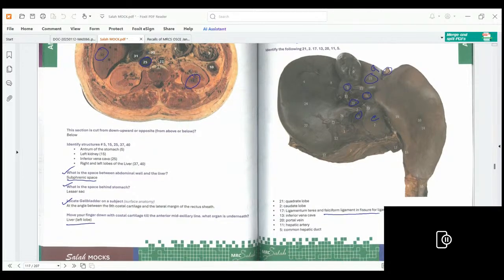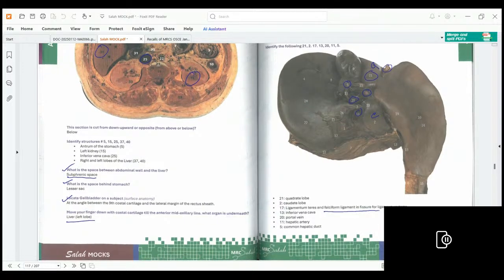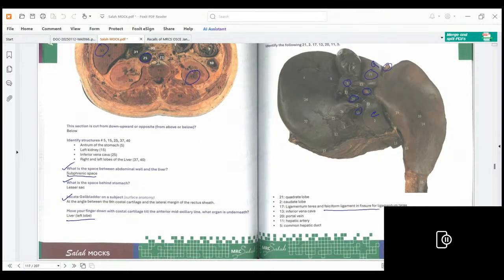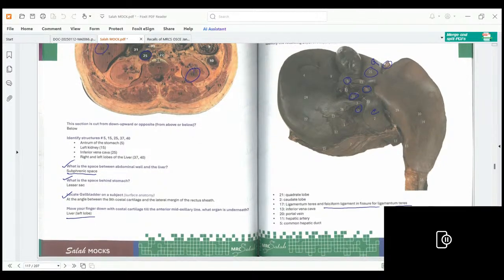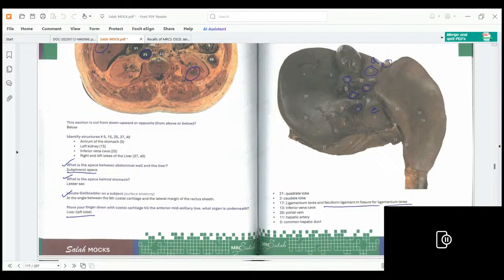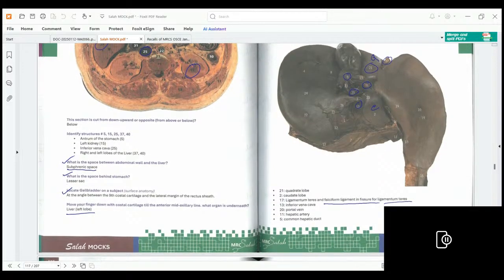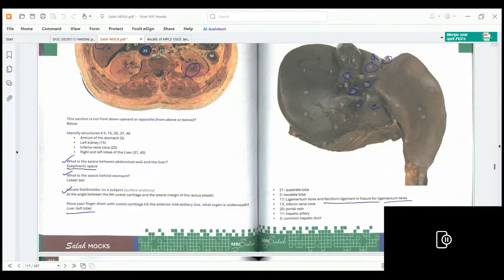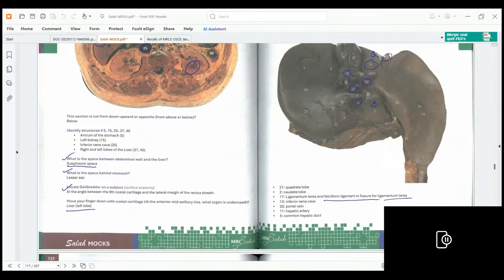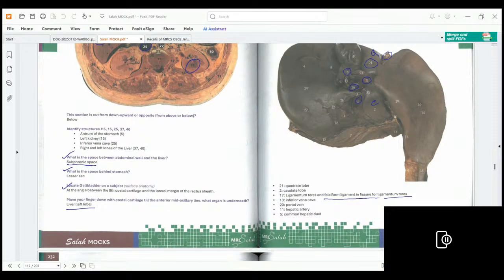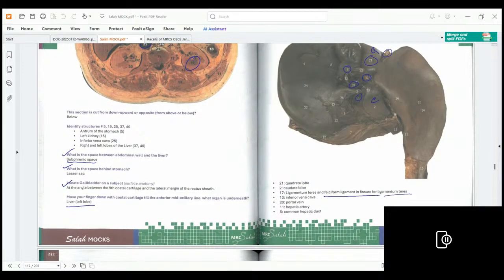Move your finger down with costal cartilage till the anterior mid-axillary line. What organ is underneath? It is the liver. Left lobe of the liver. Okay.